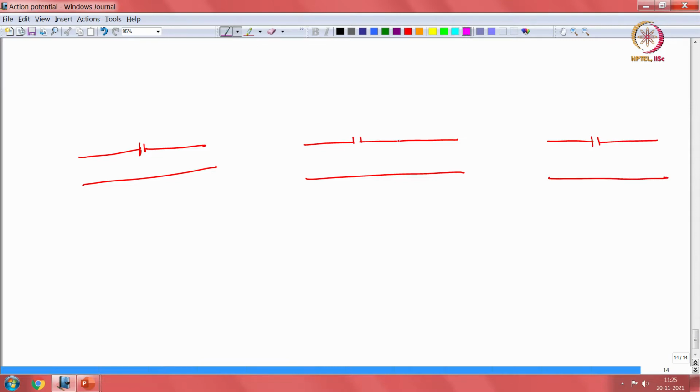Also need to draw the potassium channels. So, you have initially positive, positive, positive, positive, positive, negative, negative, negative, negative, negative.